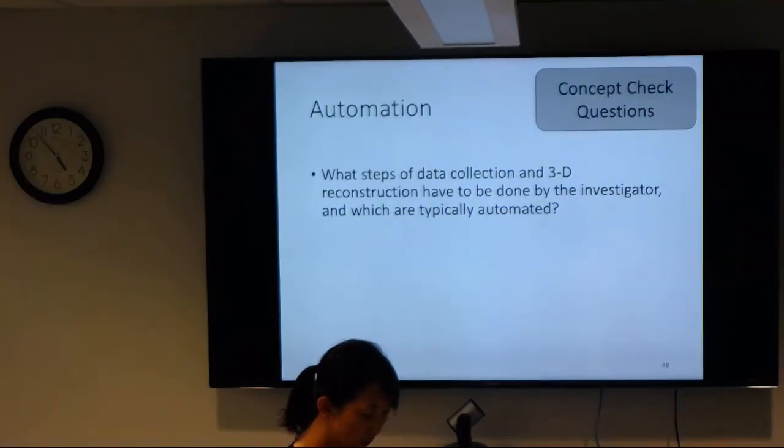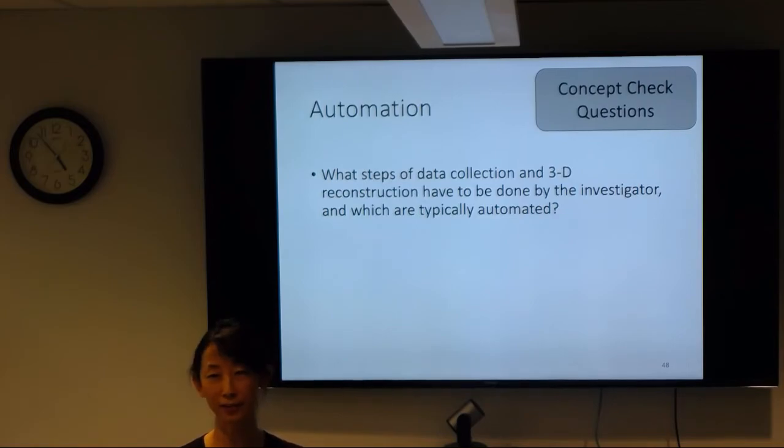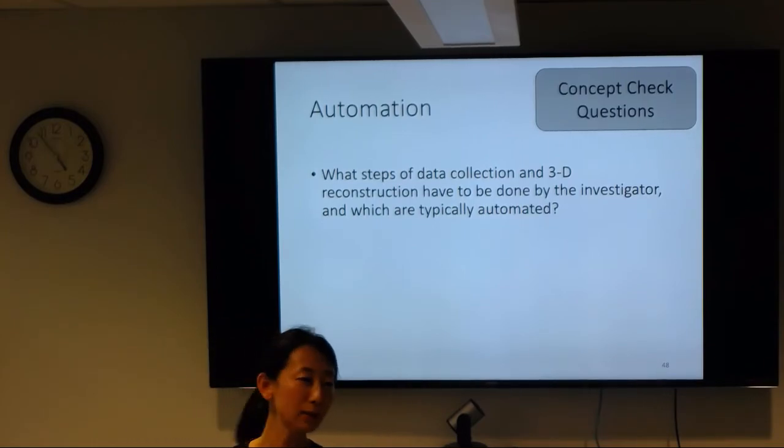And then automation. I don't have any answer in this slide as I do for others, because this is something that will be very different for different scientists and different facilities. For example, what is automatic? What do you have to do manually?